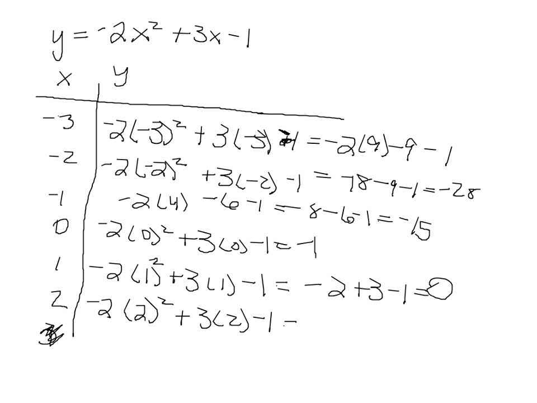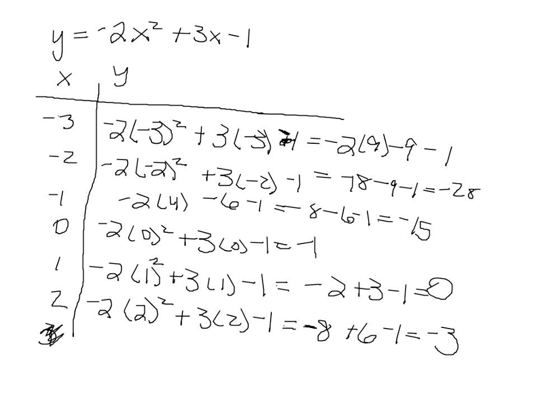So everywhere there's an x, I substitute in a 2. So this is going to give me 2 squared is 4. 4 times minus 2 is minus 8. So I have minus 8 plus 6 is minus 2. Minus 1 is finally minus 3.